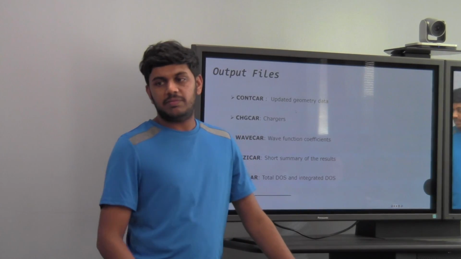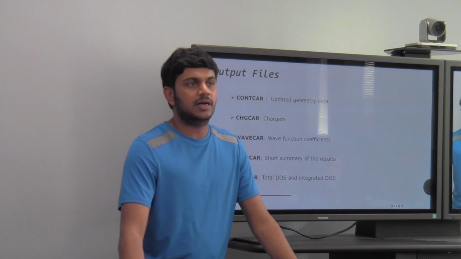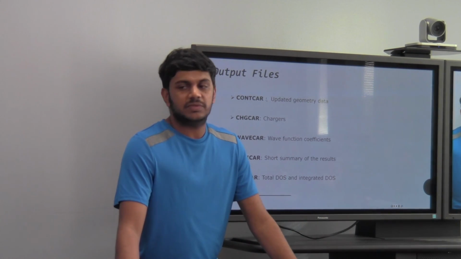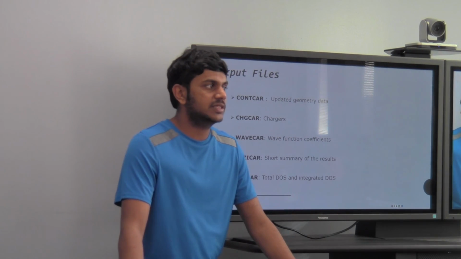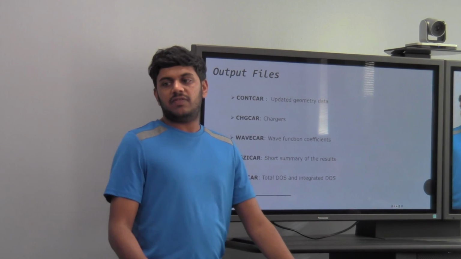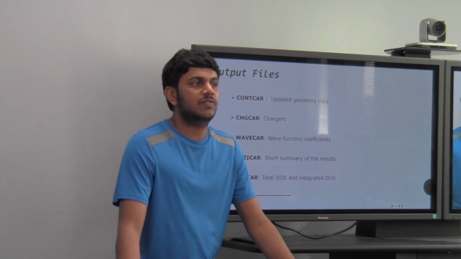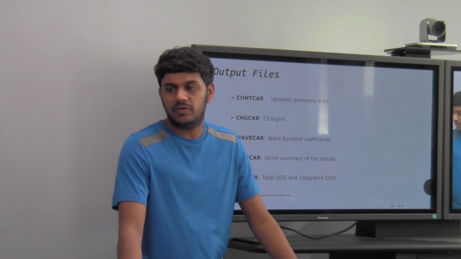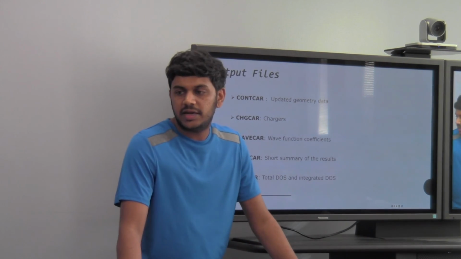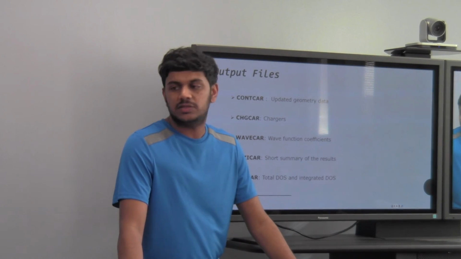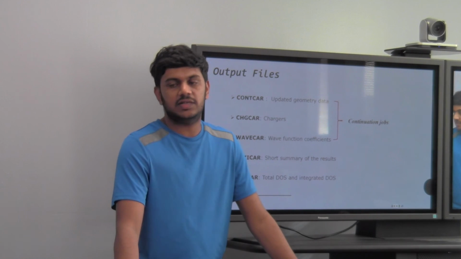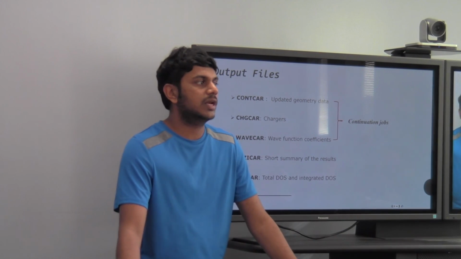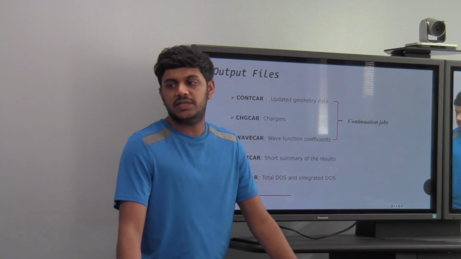For example, the CONTCAR file contains updated geometry data such as lattice points, Bravais matrices, ionic positions, etc. The WAVECAR file contains the important wave function information, wave function coefficients. The OUTCAR file contains a short summary of the results. We can use the CONTCAR, CHGCAR, and WAVECAR files in continuation jobs such as molecular dynamics calculations.